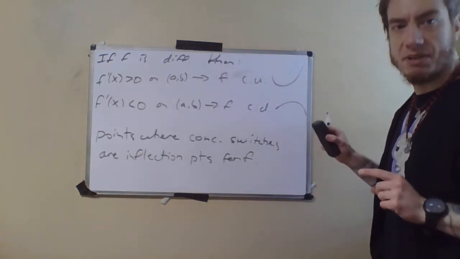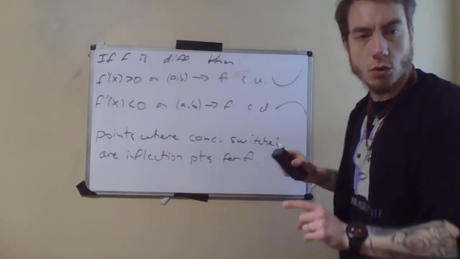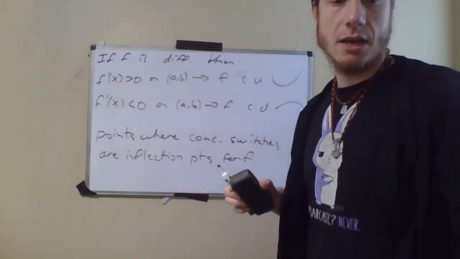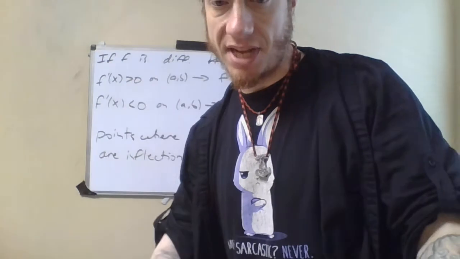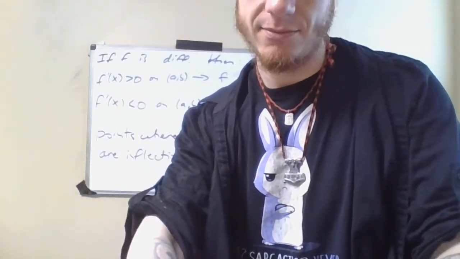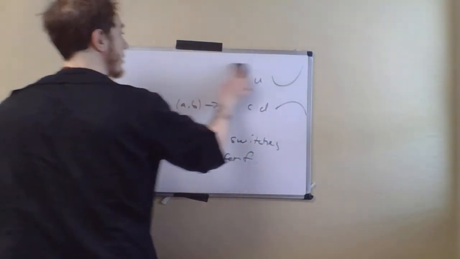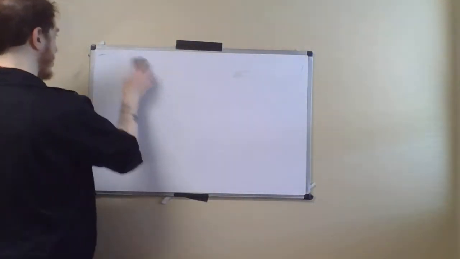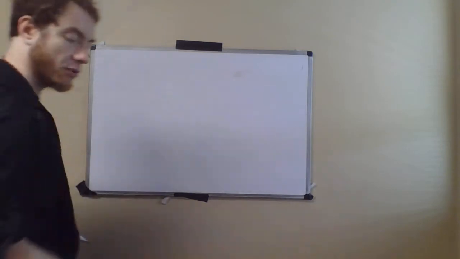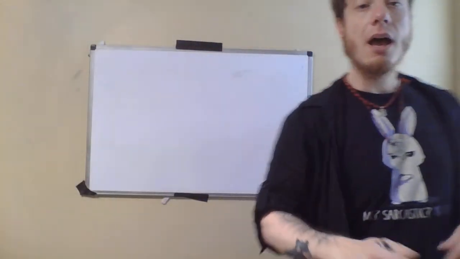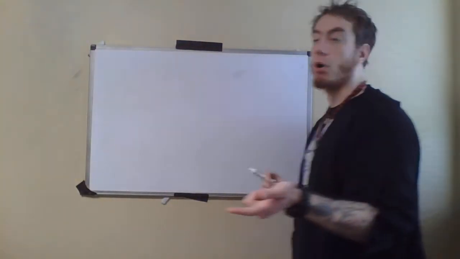think about what happens at a local minimum or a local maximum. At a local minimum or a local maximum, what kind of concavity are we going to have? Well, assuming that the function is differentiable, actually, even if it's not differentiable, we can still say some things, but I'm going to focus on the differentiable part here.